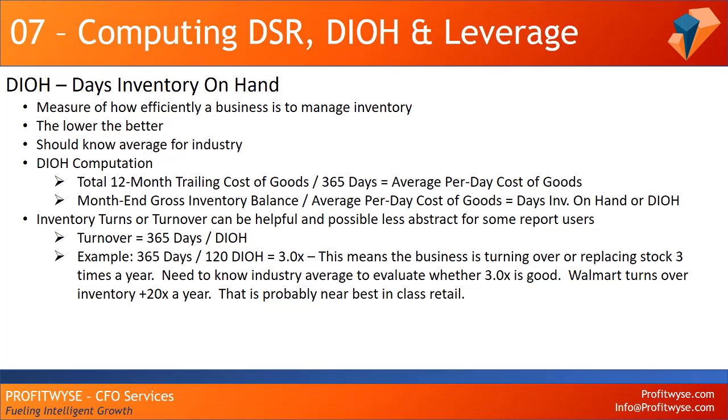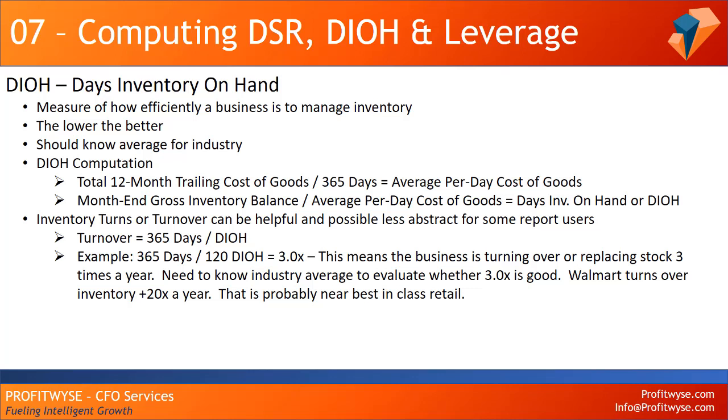To calculate DIOH, you basically take your 12-month trailing cost of goods. Now this is just the cost of goods relating to your inventory as it is expired from the balance sheet and onto the P&L. So we take the 12-month trailing cost of goods, divide that by 365 days, and we get what our average per day cost of goods is that we've experienced in the last year.